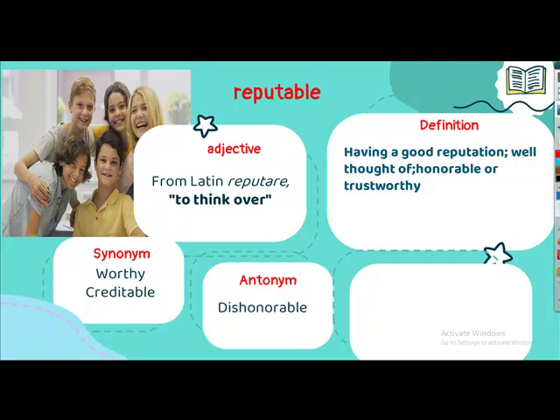The antonym of reputable is dishonorable, notorious. Notorious means a man is famous but in a negative way. Disgraced, dishonored. The noun would be repute, the verb would be repute, the noun would be reputation, and the adjective reputational.